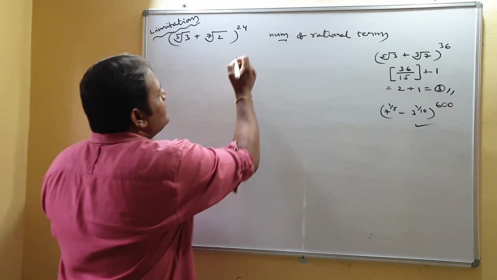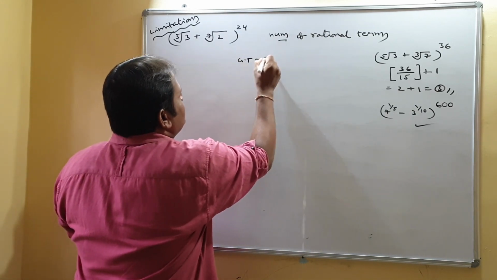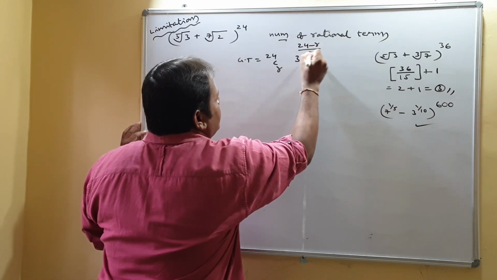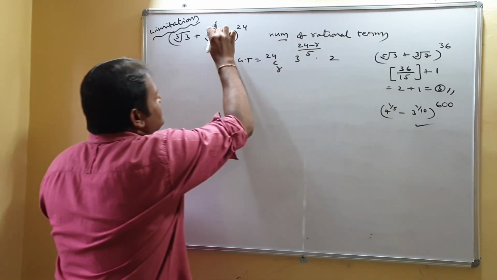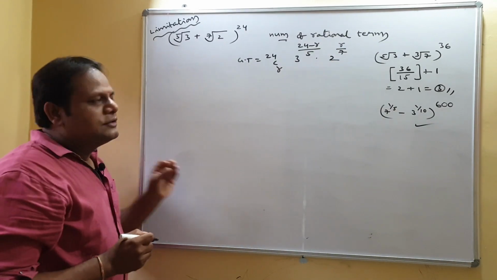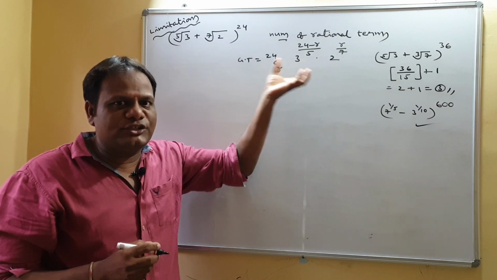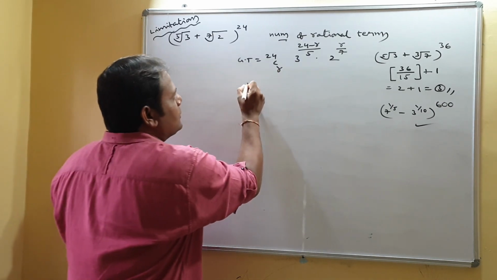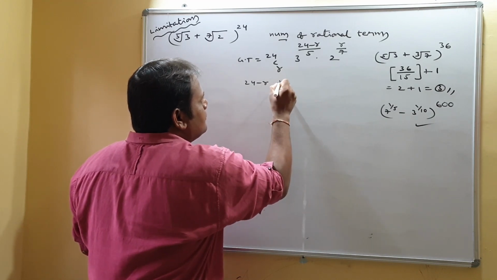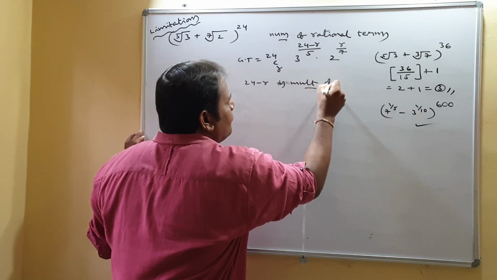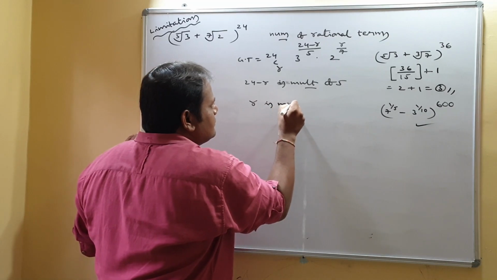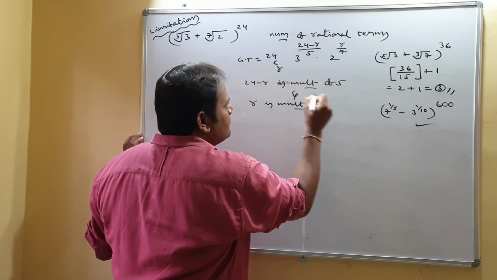So what we do, we take the general term. What is the general term? 24 C R, 3 power (24 minus R) by 5, and 2 power, this 7th root 2 whole power R, so 2 power R by 7. We want rational terms, right? So it should be free from radicals. That means 24 minus R is a multiple of 5, and R is a multiple of 7.